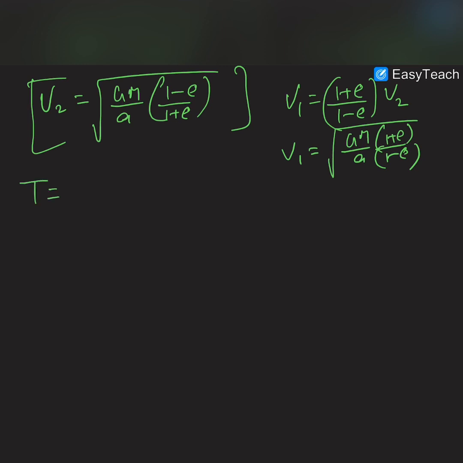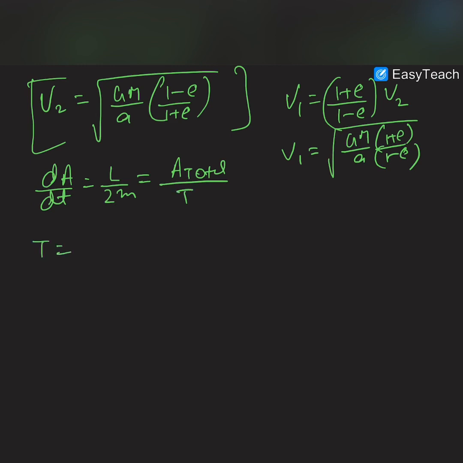calculated by the use of areal velocity. So we know that areal velocity dA by dt is constant, and it is equal to L by 2m. And I can also write that the areal velocity will be total area covered upon total time period.